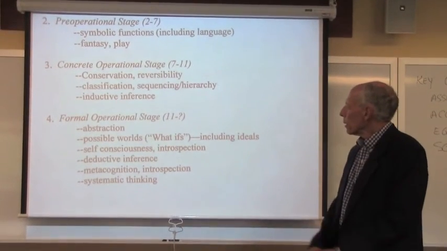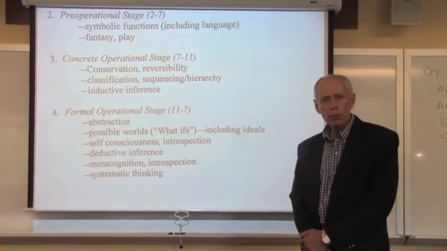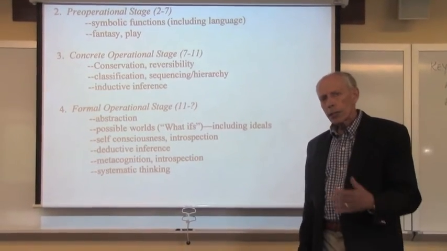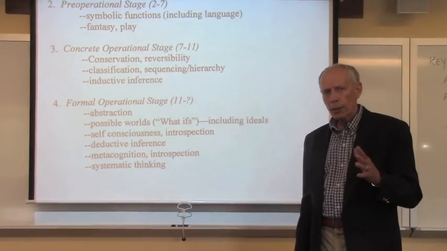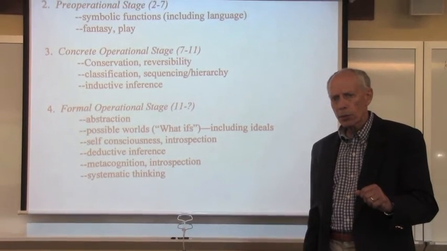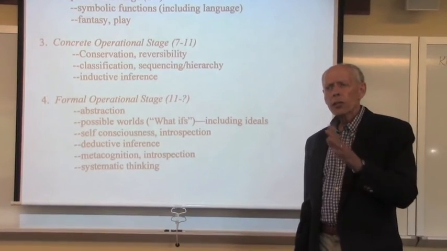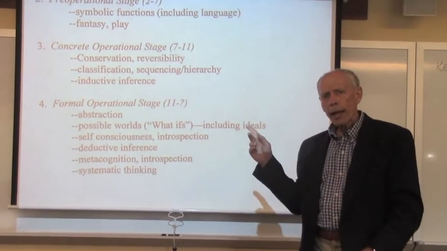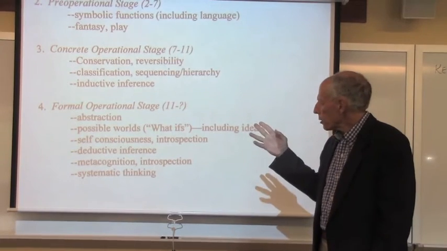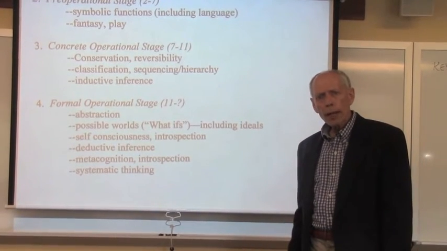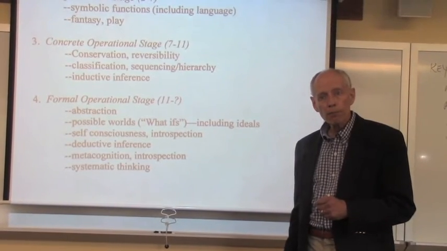Connected to that, let me skip down, is deductive inference: the increasing ability of teenagers and adults to reason in a slightly different way than what we called inductive inference. In other words, to be able to say, suppose that X is true, what would have to follow? Connected to this ability to imagine possible worlds is that ability to do deductive inference.